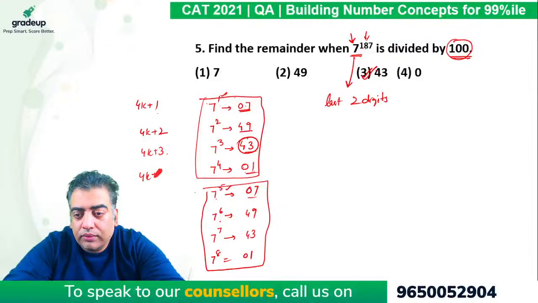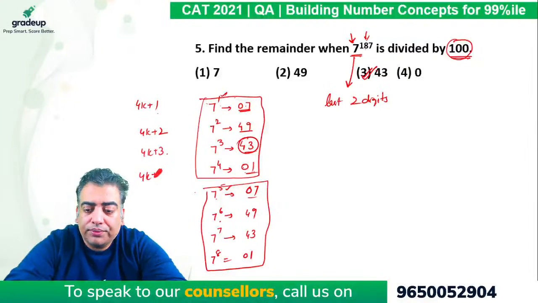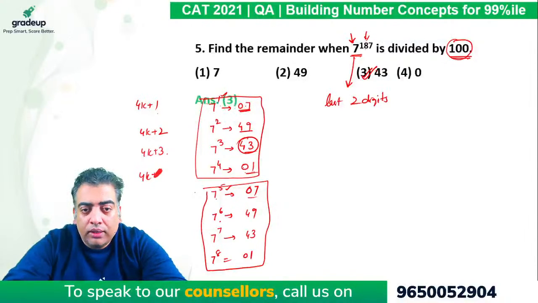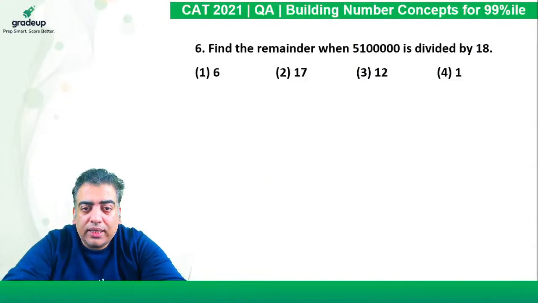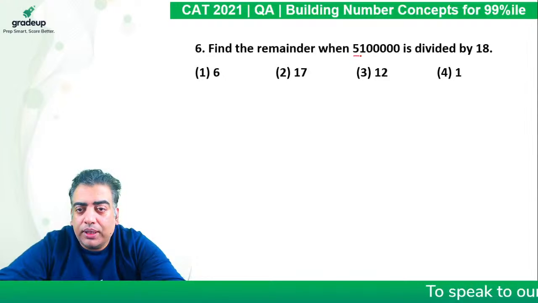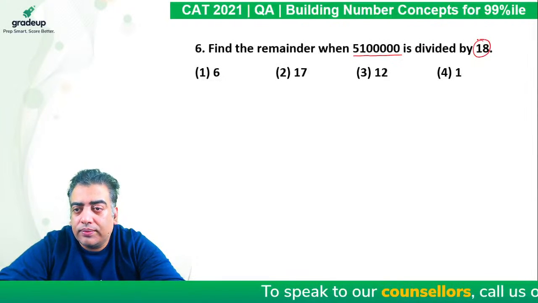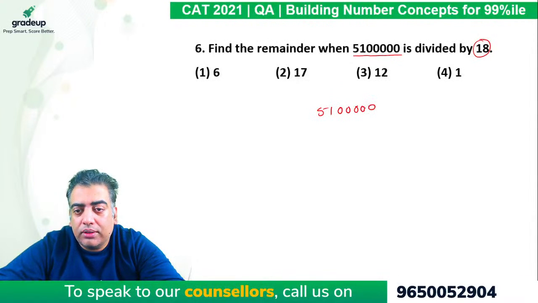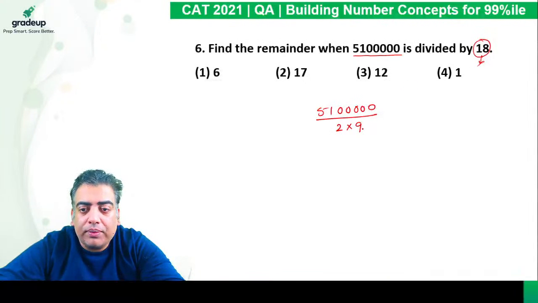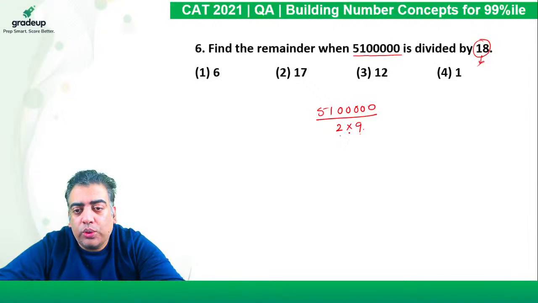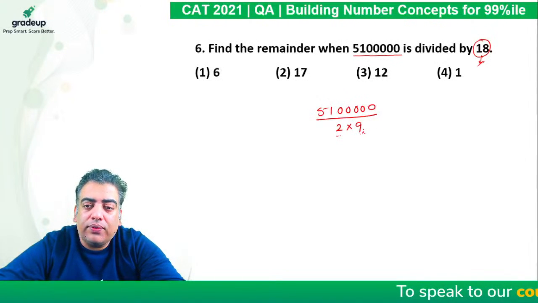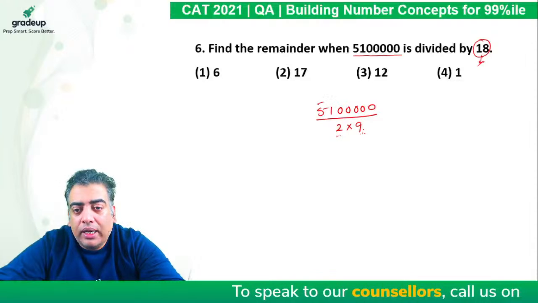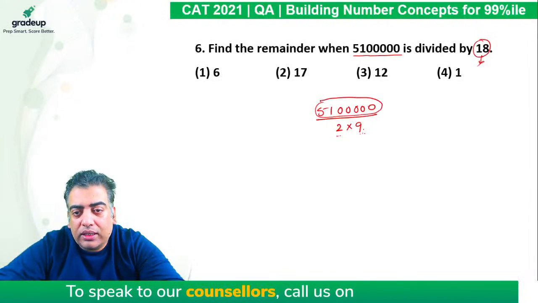Okay, so let's move on. Here it says find the remainder when this number is divided by 18. So it is 5 to the power 100,000 divided by 18. I am writing this 18 as a product of two co-prime numbers, which is 2 into 9. In these kinds of cases, I will divide this number by 2 and check my remainder.